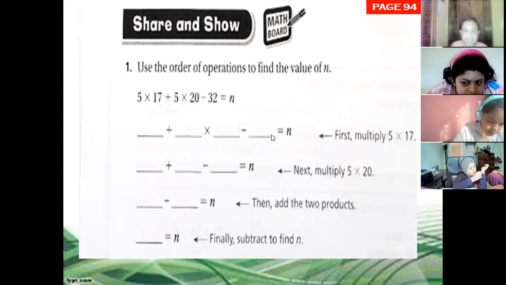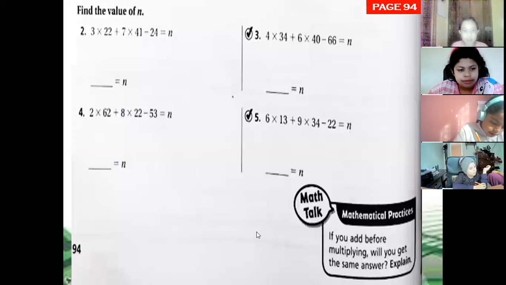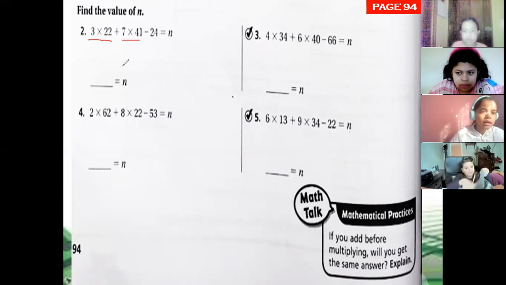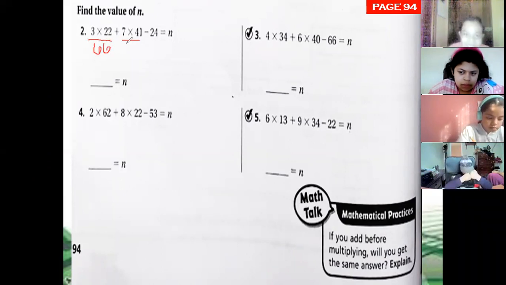Okay. Now, this exercise. Quickly, because we have few minutes. We have to do this multiplication and this multiplication. 3 times 22 is 66. 22 tres veces. 22 más 22, 44 más 22 son 66. Okay? So, 66 and 7 times 41, 287.